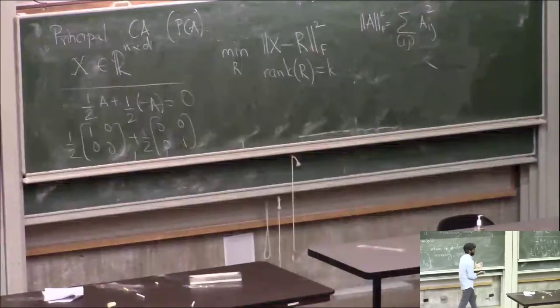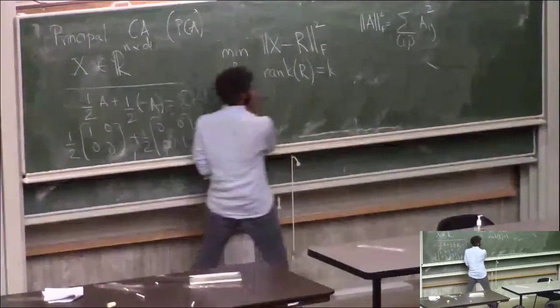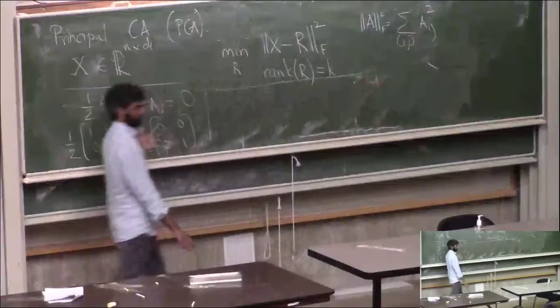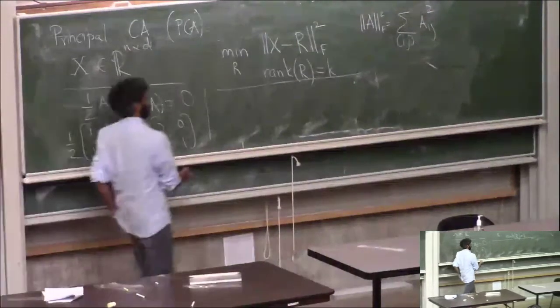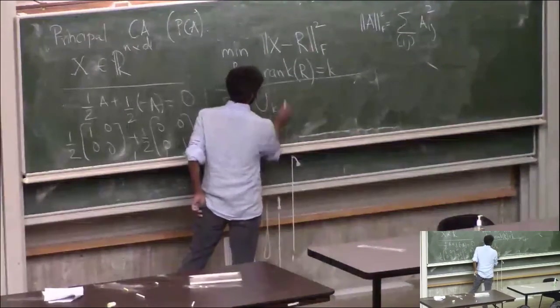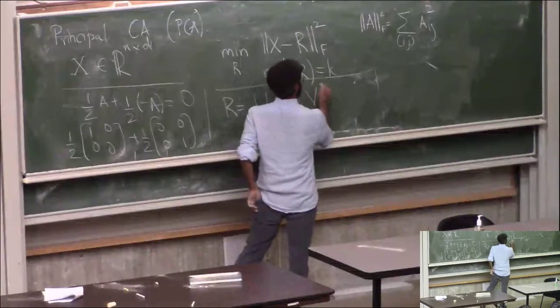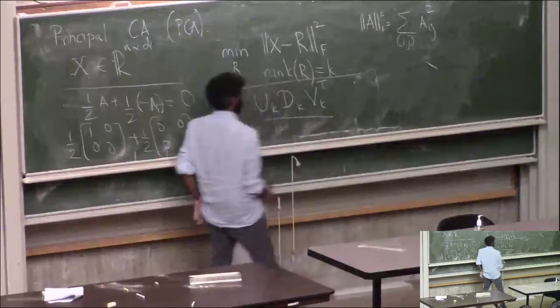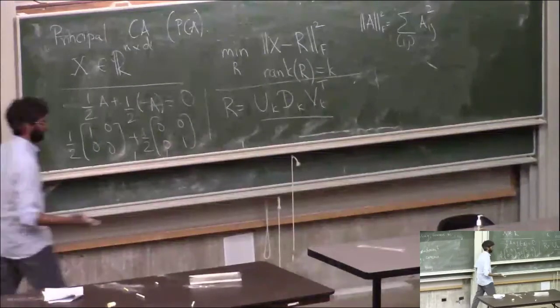But it turns out that this is one of the most important non-convex problems that we know the solution to. The solution is just given by the singular value decomposition. So the optimal R here is just U_K times some diagonal times V_K transpose, where this is just the singular value decomposition truncated to K entries.